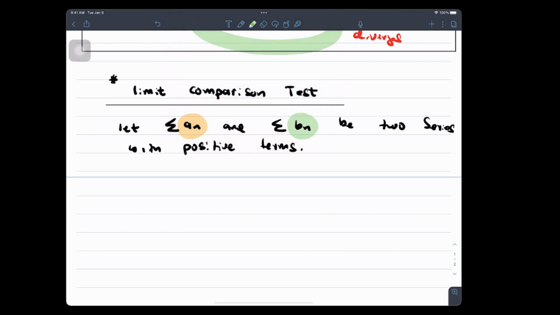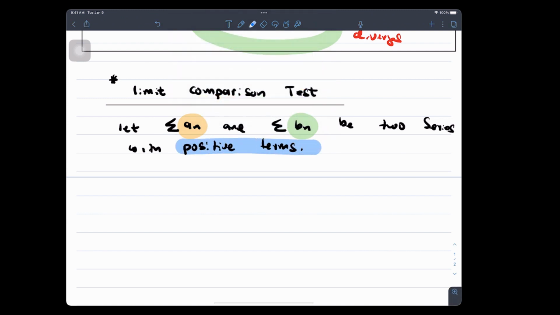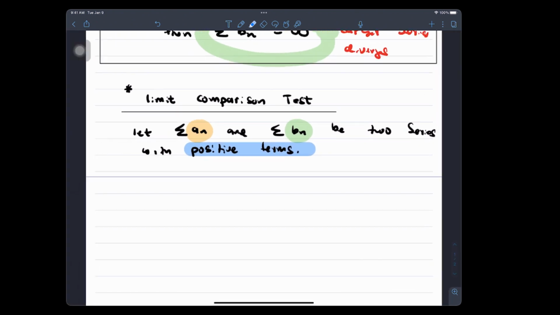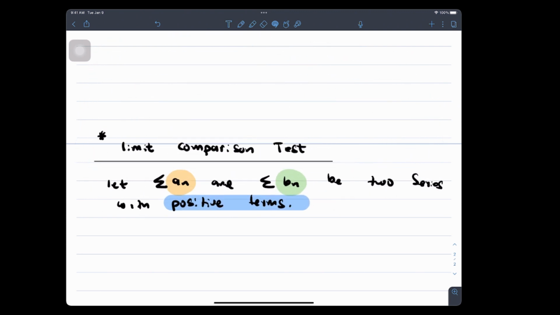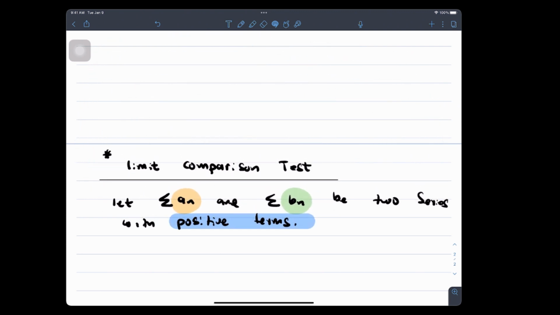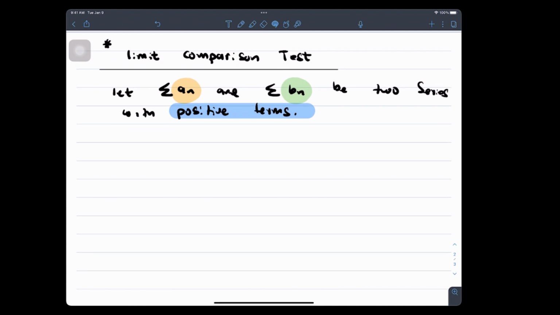Here's my second series. The terms are all what? Positive. So that's the assumption. Okay, so they're going to have all positive terms. Okay, so that's setting the table.